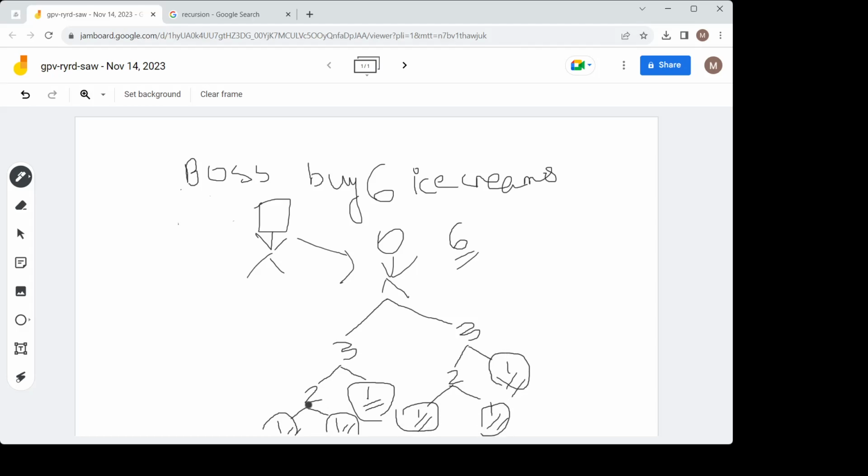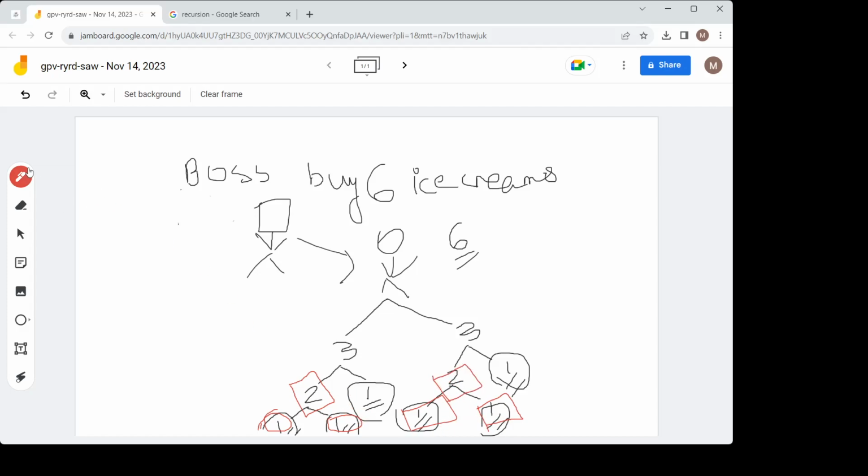Now, if these two persons buy one ice cream each, his job is done. Similarly, when these two persons buy one ice cream each, his job is done.